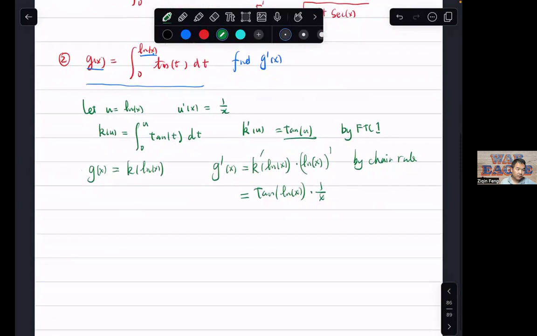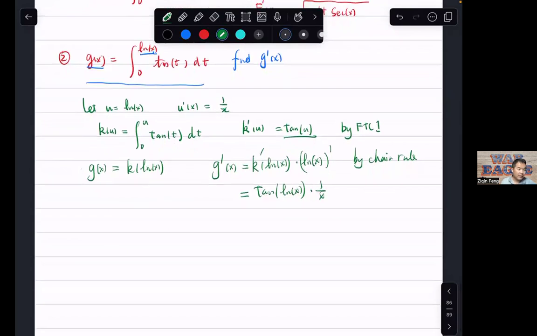And so let's write down a general formula for this, right?